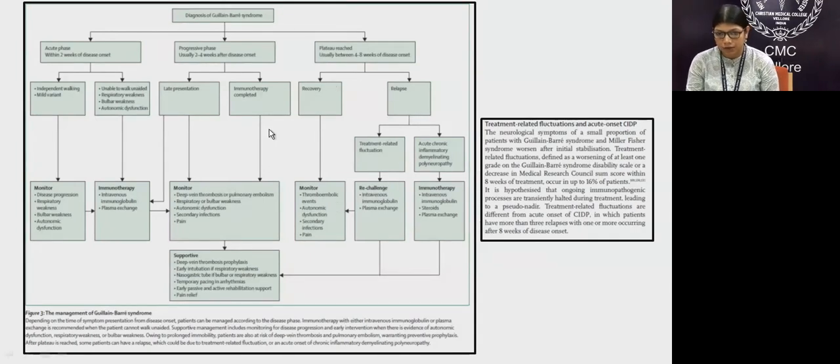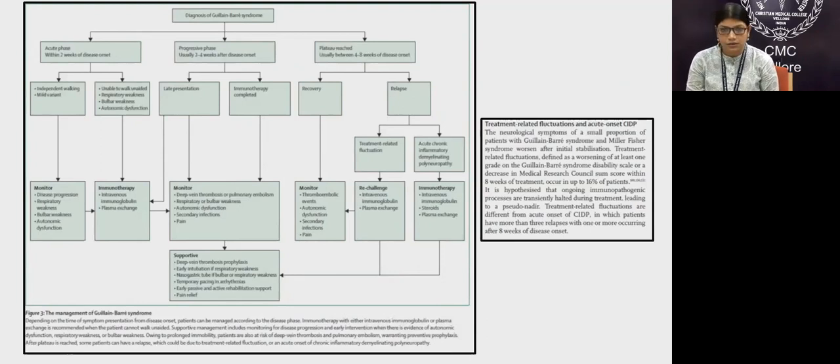Once we have given the treatment, sometimes there is worsening of the illness. This can happen in two settings. Either there can be a treatment related fluctuation, which is defined as a worsening of at least one grade on the GBS disability scale or a decrease in the MRC score of 1 from the baseline level.